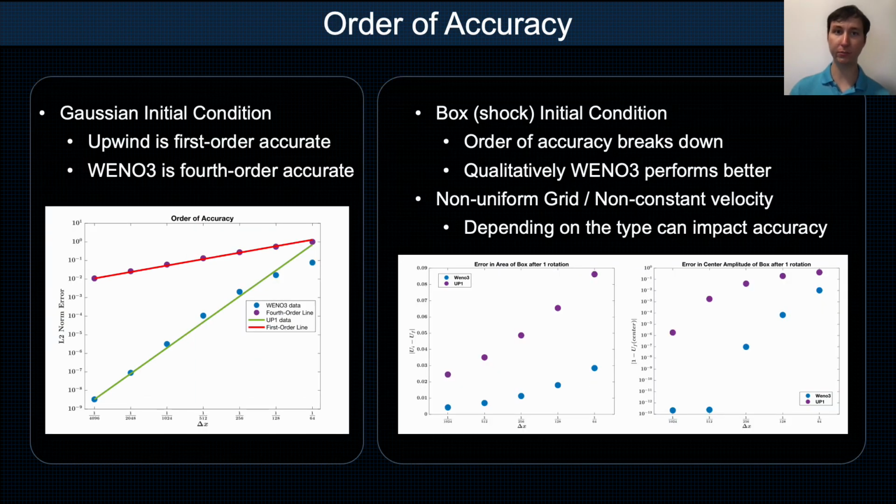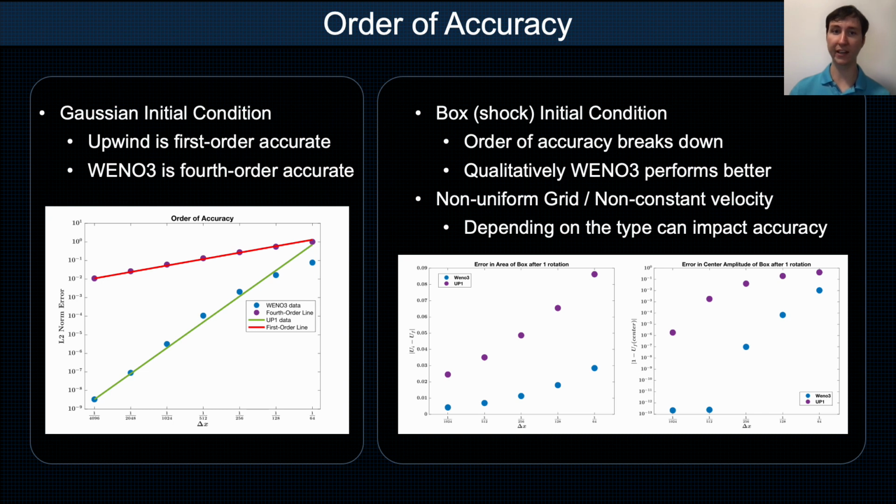Now that we've introduced both schemes, we can take a look at order of accuracy. We use a Gaussian initial condition with constant velocity and a uniform grid for our order of accuracy testing, and we found that upwind is first order accurate, while WENO3 is fourth order accurate.